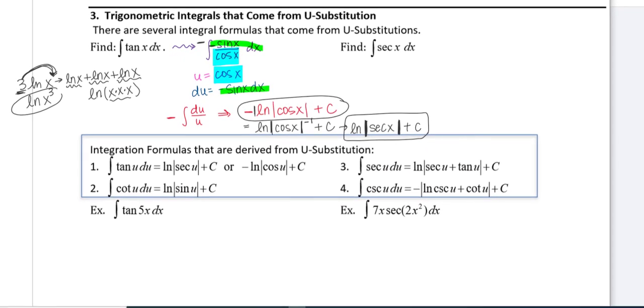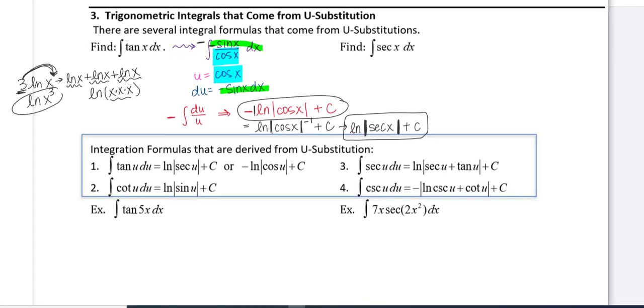Their derivatives are each other, right? All tangents and secants go together, as well as their Pythagorean. So tangents and secants will always kind of go together, which is what you're going to see in the next one as well. So that's why you're going to see I wrote it as 2 different ways here in the box below. You can certainly just know it as natural log of secant, or you can have that negative natural log of cosine, again, plus c.